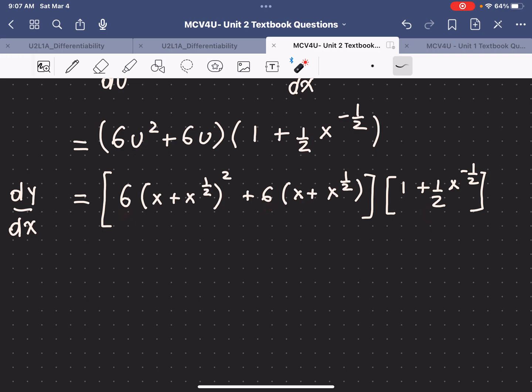But because we're only asked to evaluate the derivative, we can save that step and then simply substitute x by 1.